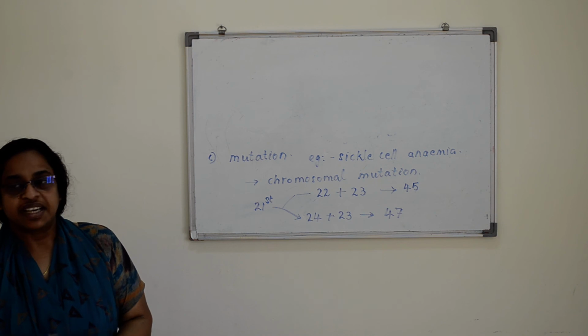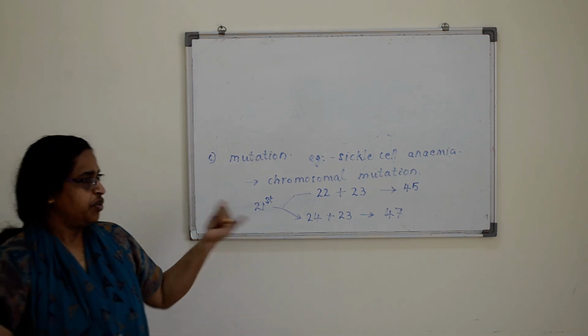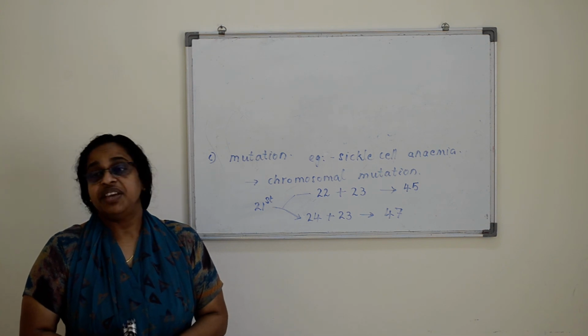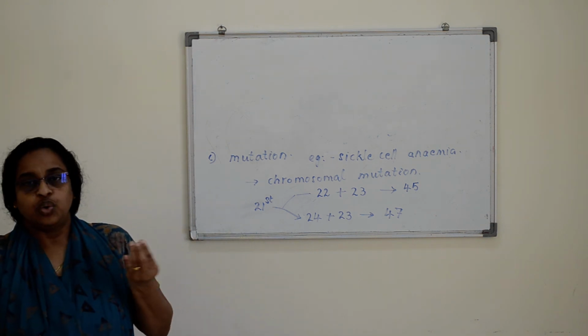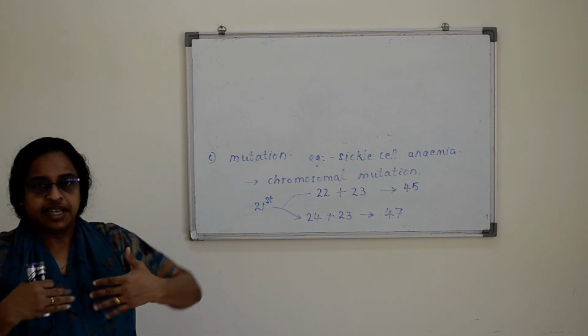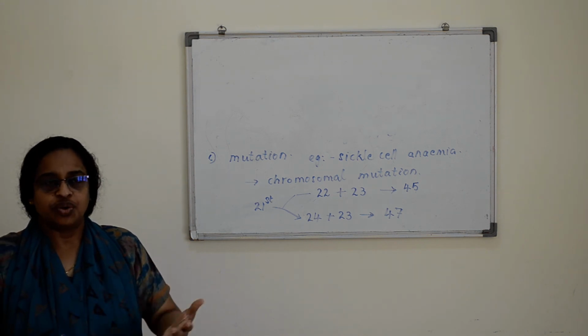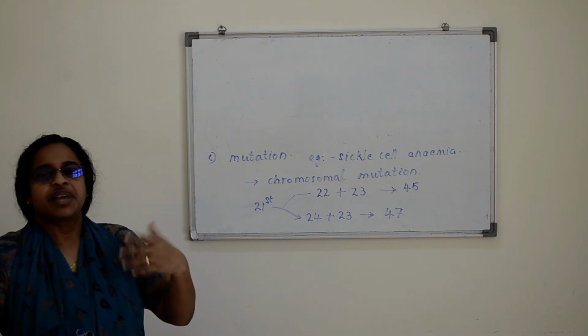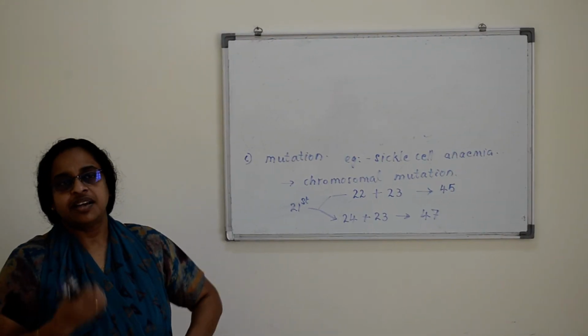So we are always exposed to radiations. Radiations are one cause of mutation, and another is heavy metals like mercury and lead. If they enter our body, they can cause some change in the DNA or genes. Some chemicals can also make mutations.